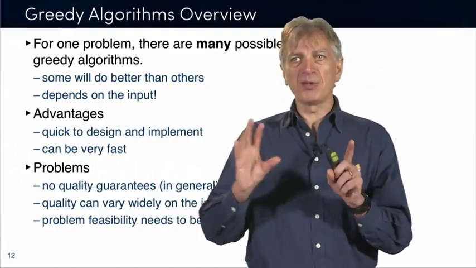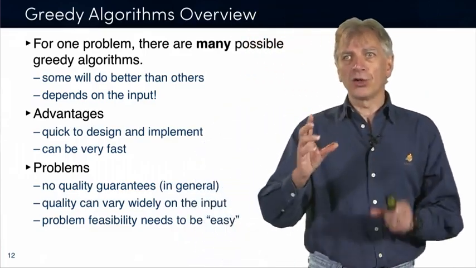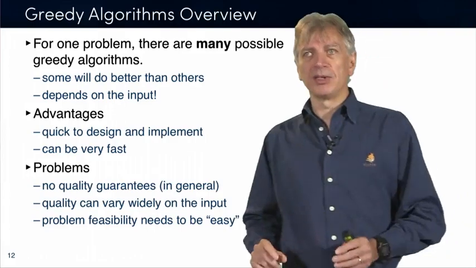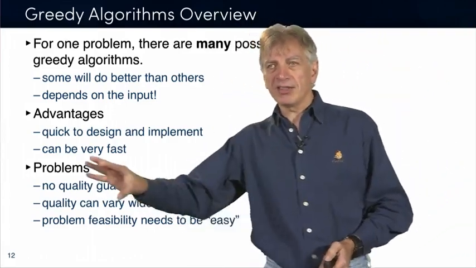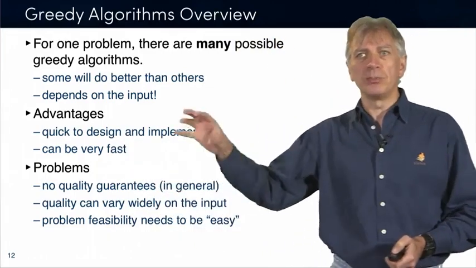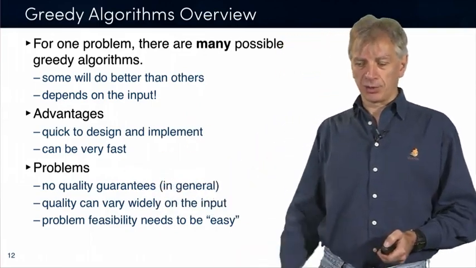There are many problems in practice where just finding a feasible solution is very, very difficult. So you will have to do something other than a greedy algorithm in that case, or you will have to change the notion of what a solution is. These are issues that we'll have to deal with, and the most advanced techniques that we will present in this class will address those.